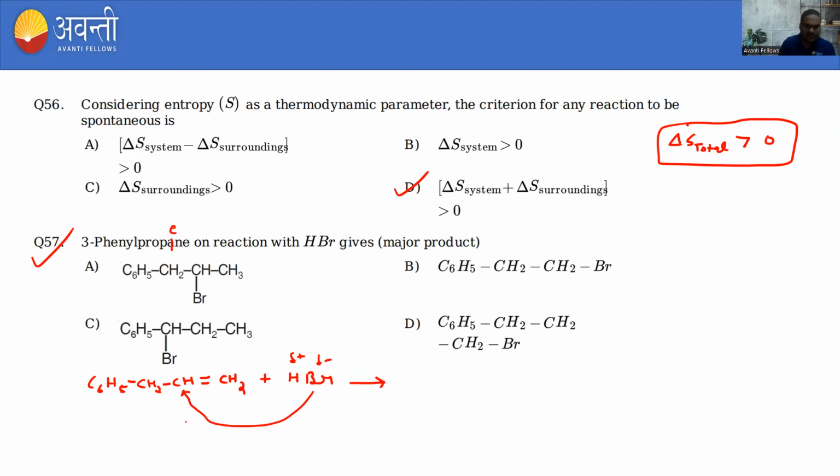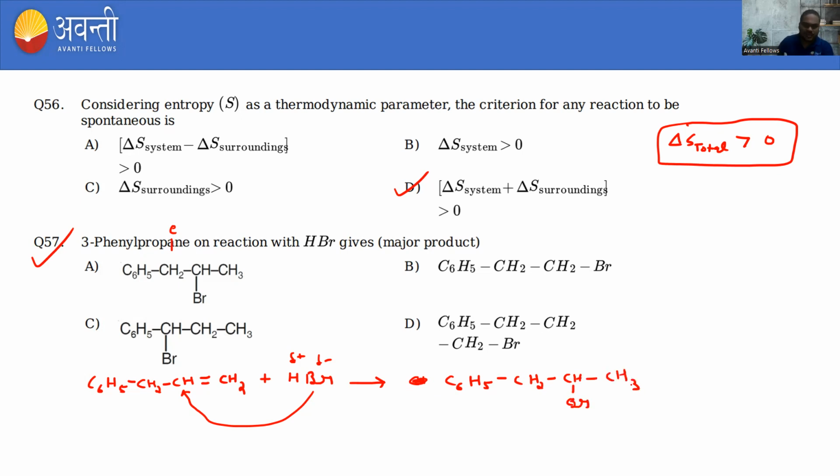Whenever this takes the plus, we have this carbocation. The formation is C6H5, CH2, CH with Br, and CH3.